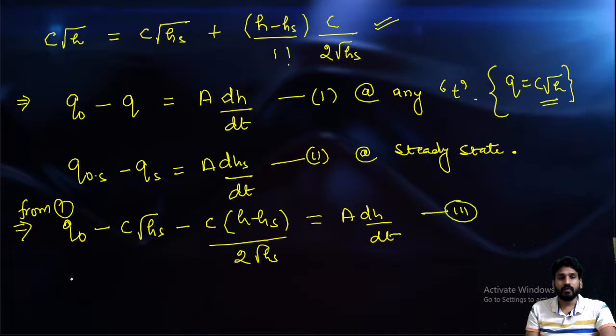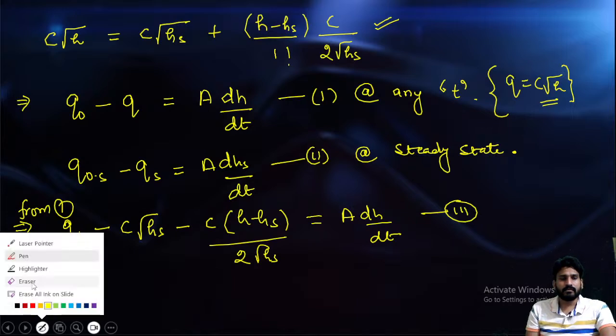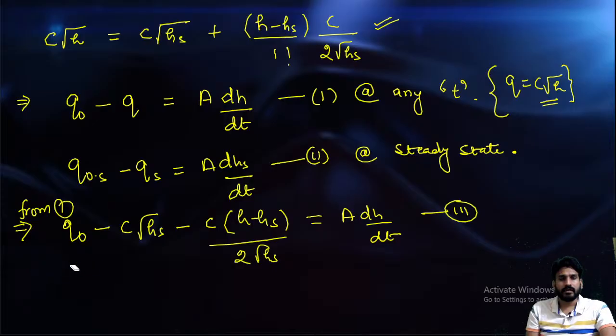And now do one thing: subtract 3 minus 2. Let's go one step further. What about equation number 2? It is Q naught at the steady state minus QS. What is QS?